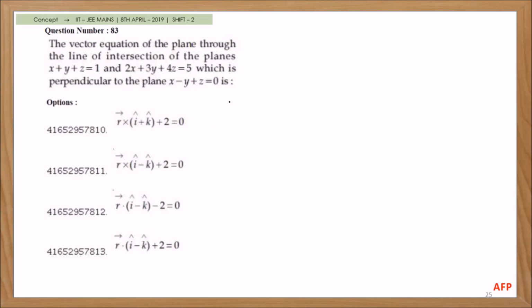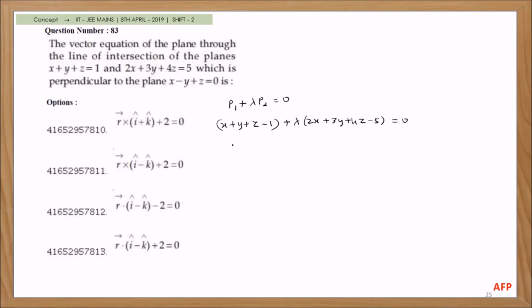We all know that plane 1 plus lambda into plane 2 is equal to 0. So here is the first plane and here is the second plane. I'll write x plus y plus z minus 1 plus lambda into (2x + 3y + 4z minus 5) is equal to 0.